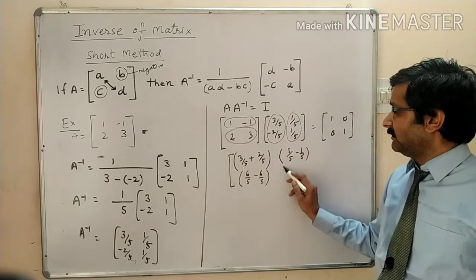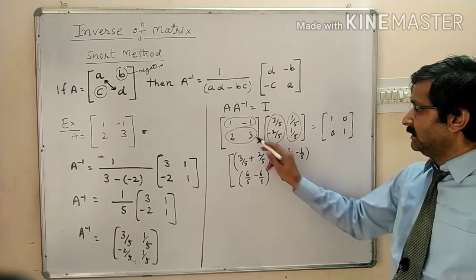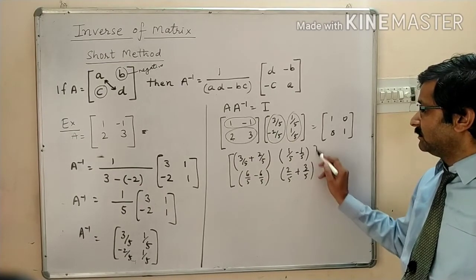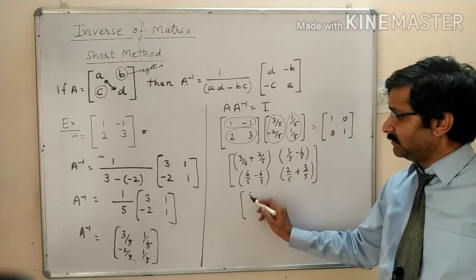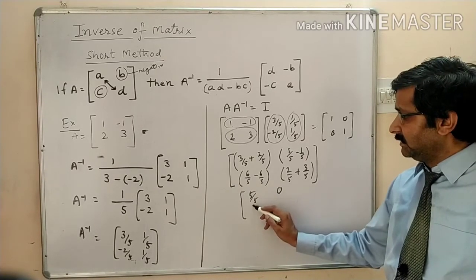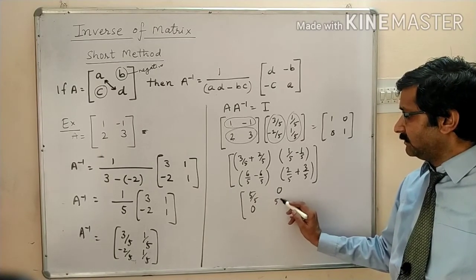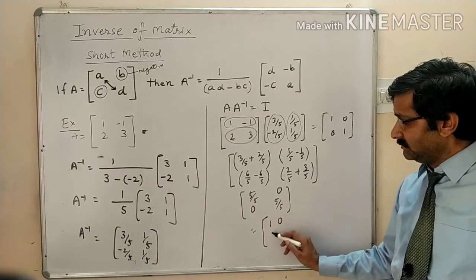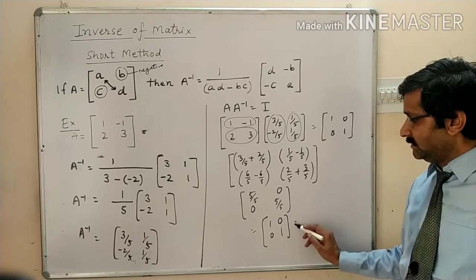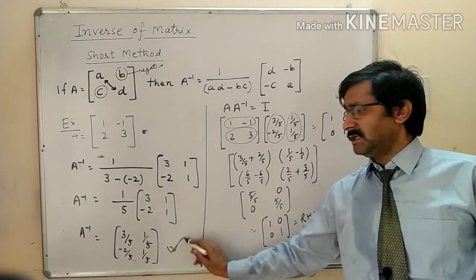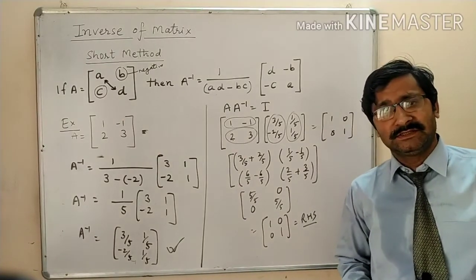Remaining 2 into 1 by 5, 2 upon 5, and 3 into 1 upon 5, 3 upon 5. This you will solve. You will get 5 upon 5, 0 upon 5, 0 upon 5, and 5 upon 5. That you can write as 1, 0, 0 and 1. That is your right hand side, which means this answer is correct. Hope you understand today's work.